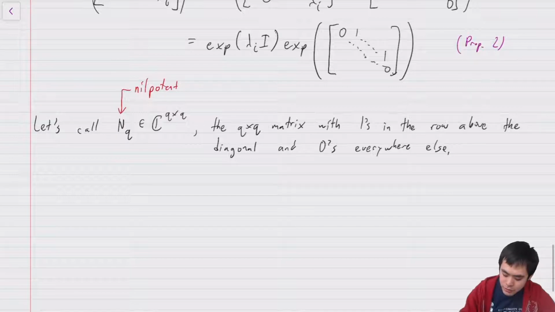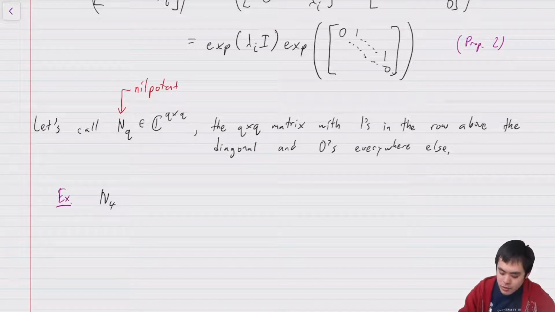For example, N4 is going to be equal to the matrix with ones directly above the diagonal and zeros everywhere else.